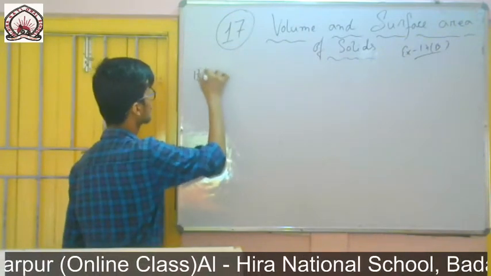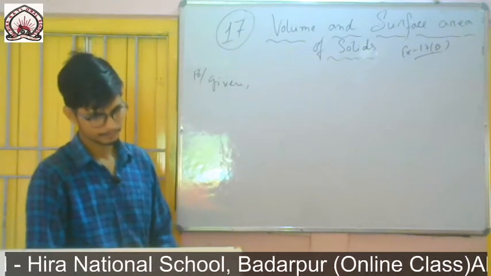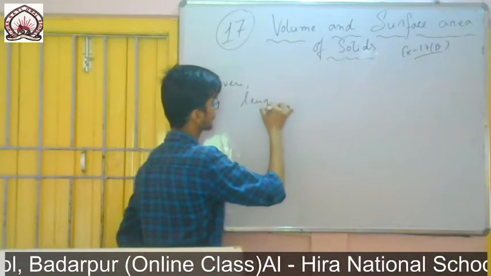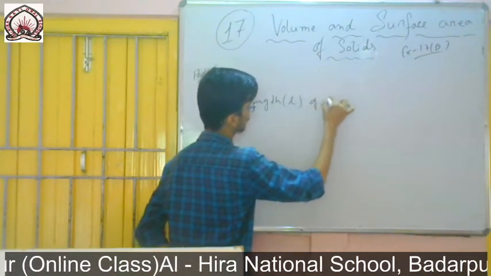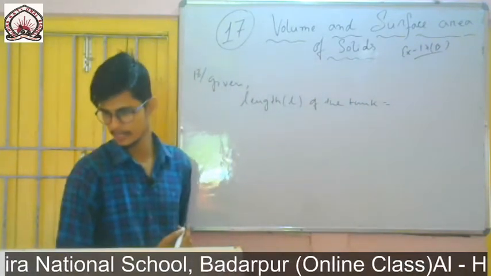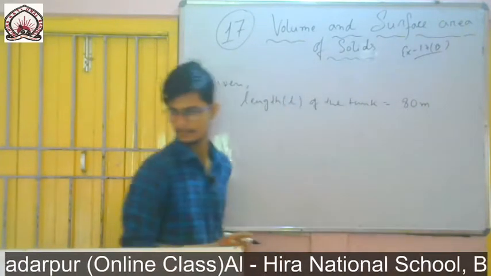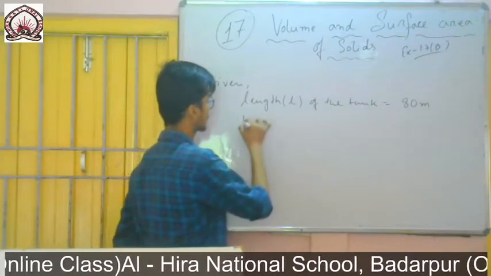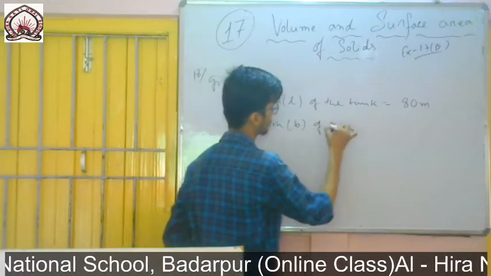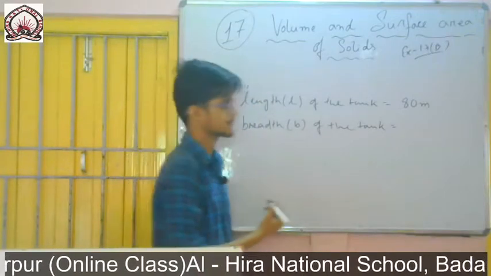So question number 18 is given. Okay, first of all let me find the area of the tank. Length L of the tank is given as 80 meter. Breadth of the tank is given as 50 meter.